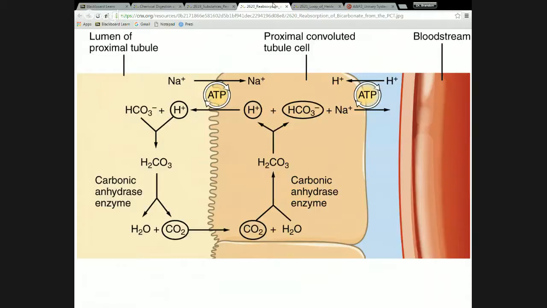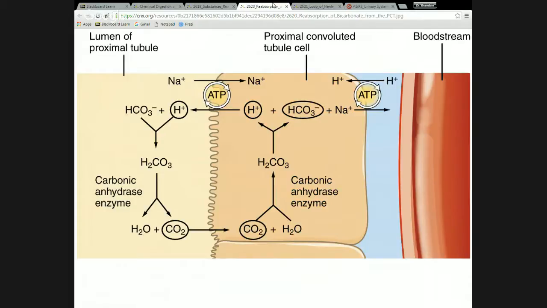And here they have sodium in and hydrogen out, which was actually in the picture I just showed you also, pretty much for all of them. So anytime that sodium's coming in, hydrogen is going to be going out. Within the cytoplasm of the cell and also in the lumen here, we have the carbonic anhydrase reactions.